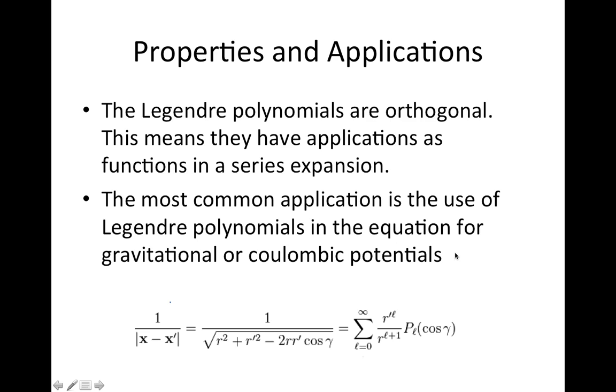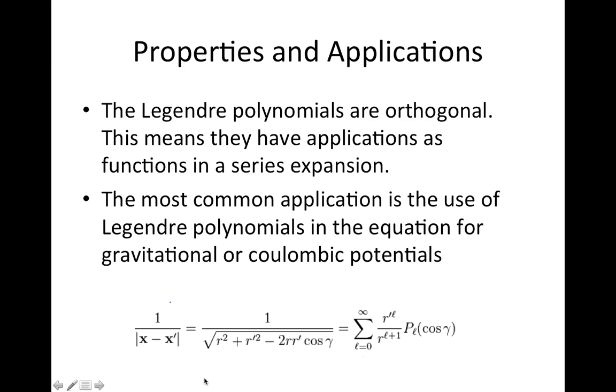And so the most common use of the Legendre polynomial is in an equation that defines potential. There are two types of potentials, and they both effectively have the same definition: the gravity potential, or the coulombic or electrical potential due to a point charge. So the gravitational potential would be due to a point mass, and the coulombic potential would be the electric potential due to a point charge.